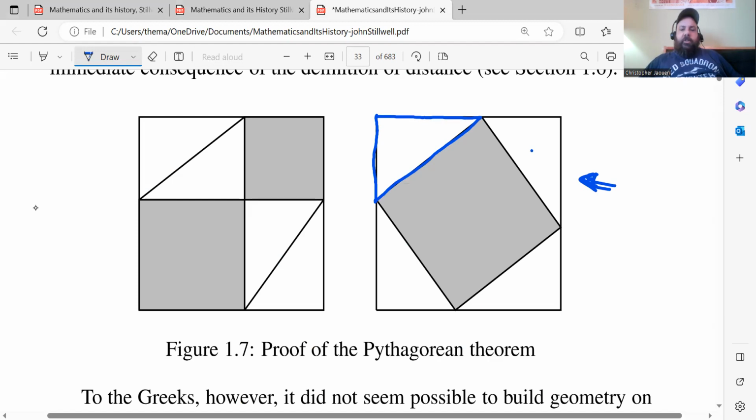Each of these triangles has the same area, the same dimensions. So this is a square, and the area here is equal to the square of the hypotenuse of the right triangle.